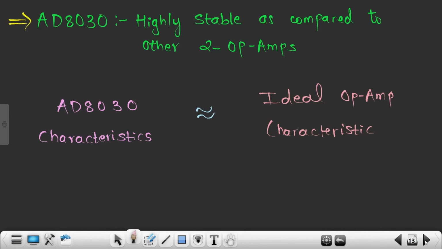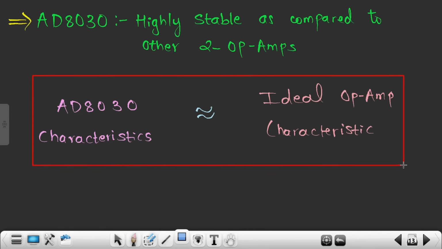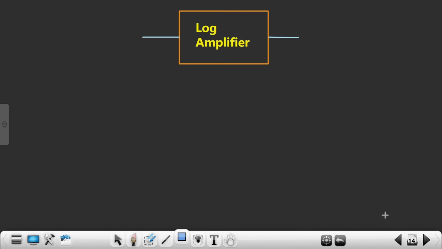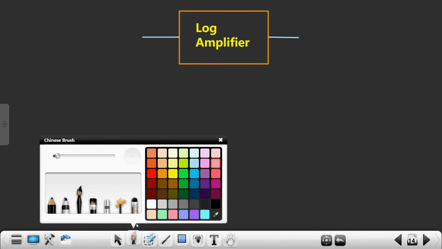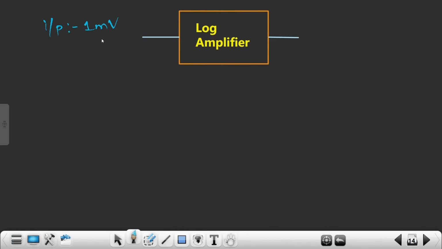There is one more point to explain, but before that, let me highlight this point so that whenever you refer to this PDF, it will be easy for you to understand the concepts properly. The log amplifier does not perform so well for large input signals, but for small input signals, let's suppose 1 millivolt, 2 millivolts or 10 millivolts, I won't get the desired output.